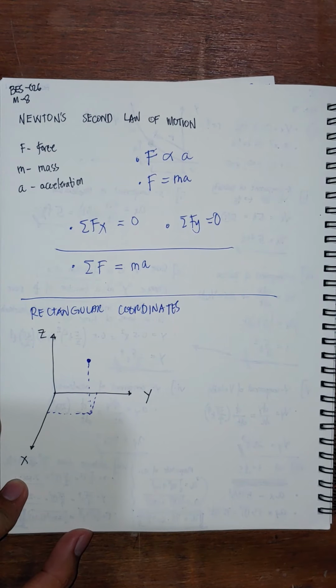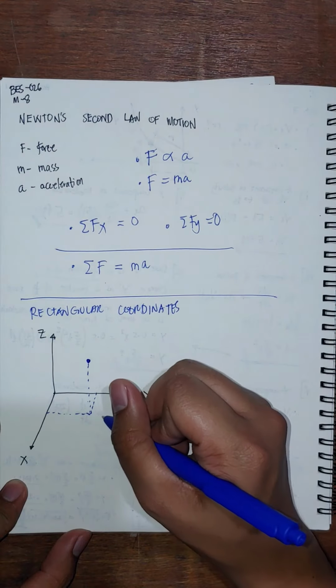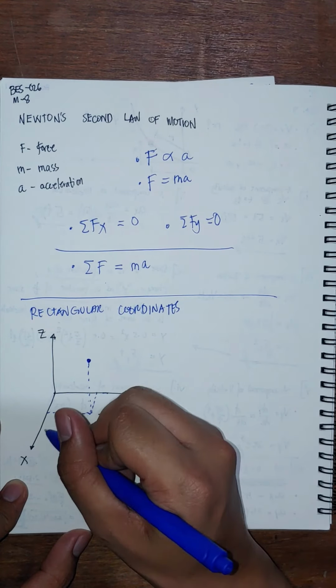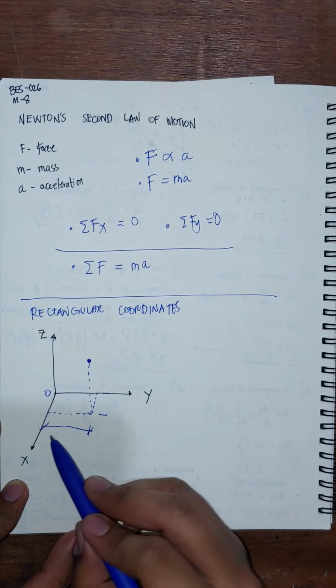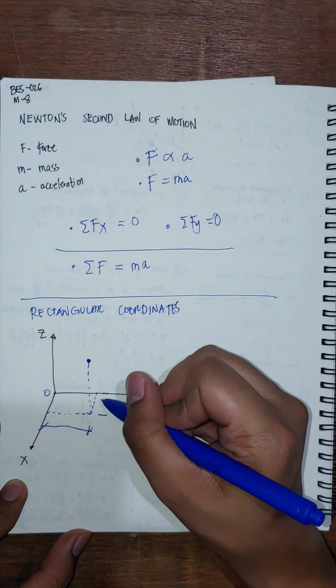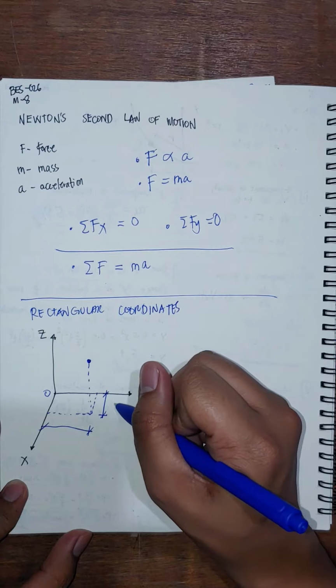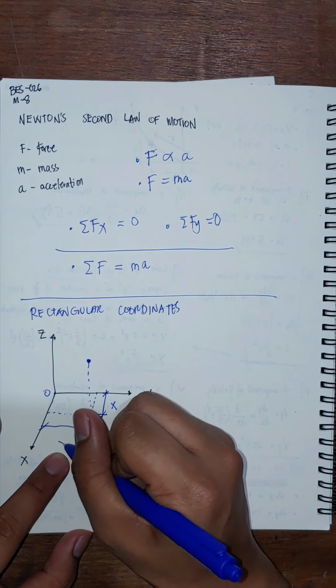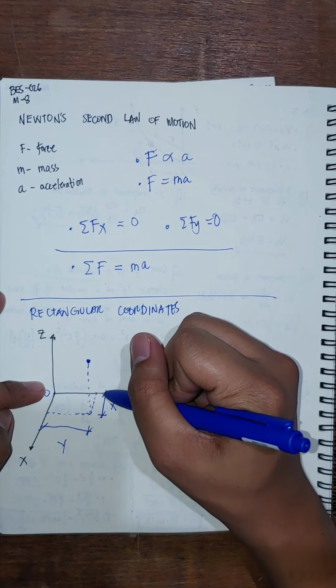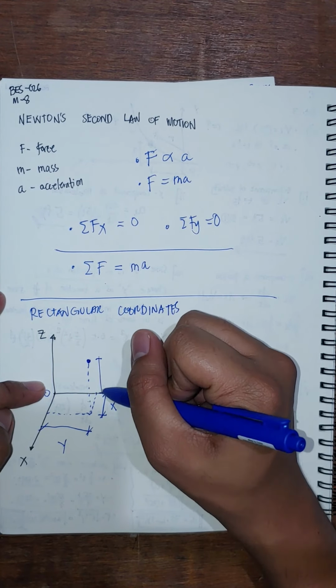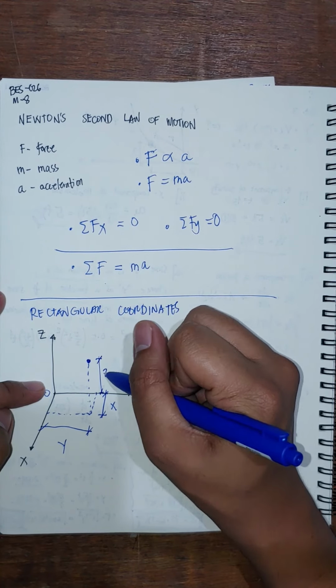Last time we talked about only 2 components. Now we'll be talking about 3 components. Its distance from the origin, towards here, we measure as the x distance. Here the y distance, and from the origin to here, this is the z distance.